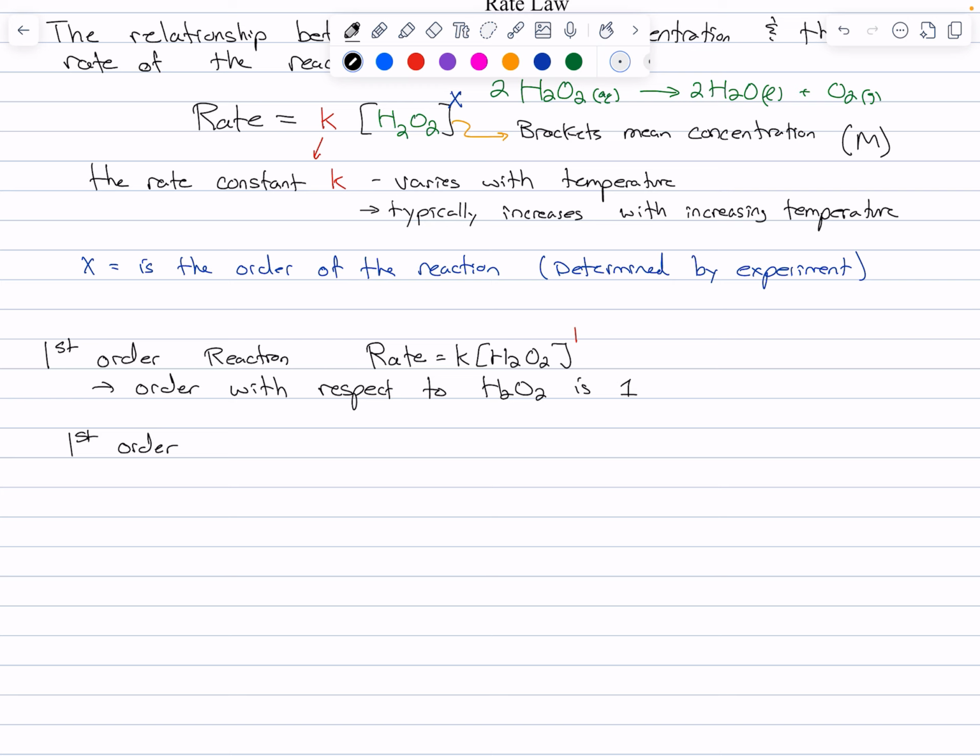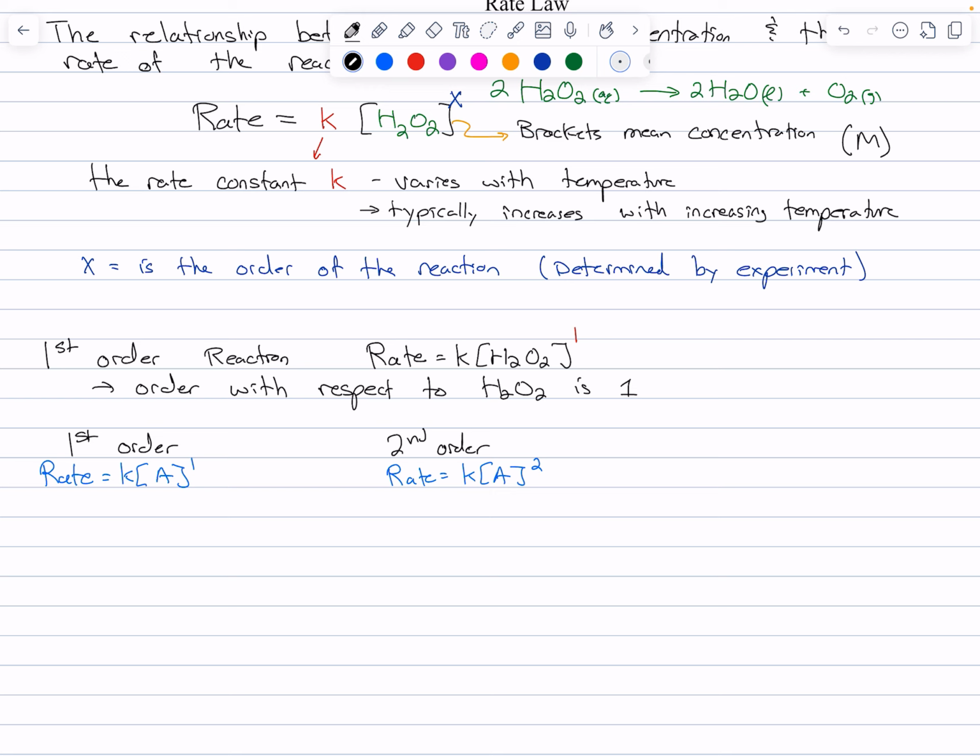Generically speaking, first order reaction, rate equals K times concentration A to the first order. We would have second order, where rate equals K times concentration A squared.